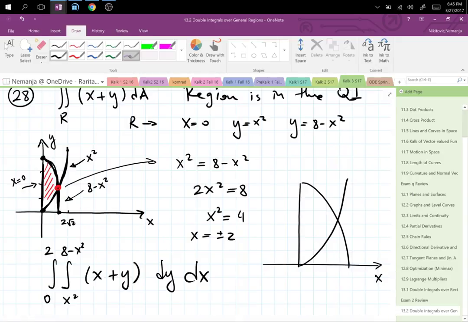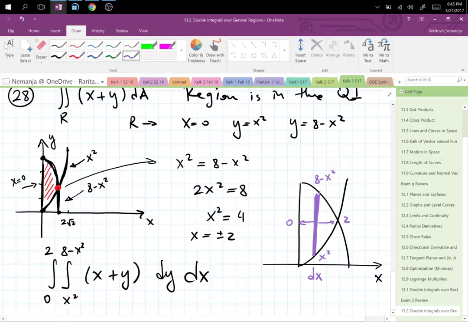I'm going to draw a representative rectangle dx, which moves from 0 to 2, and it's stuck between x squared and 8 minus x squared.